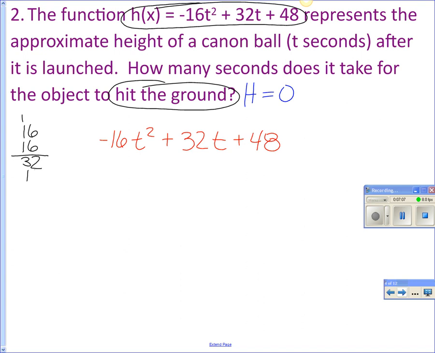Let's add another 16. Does 16 go into 48? 1, 2, 3. Am I going to divide by positive 16 or negative 16? Negative.